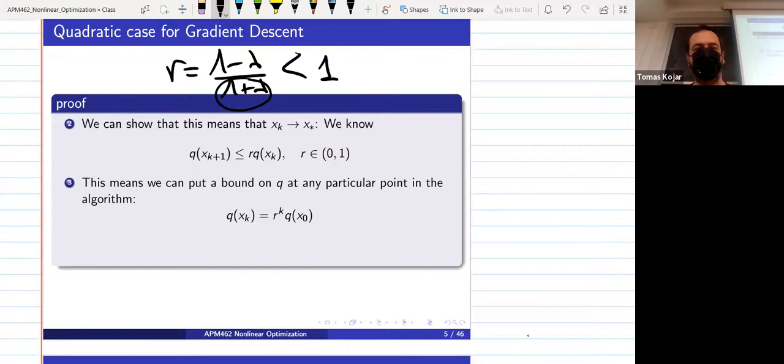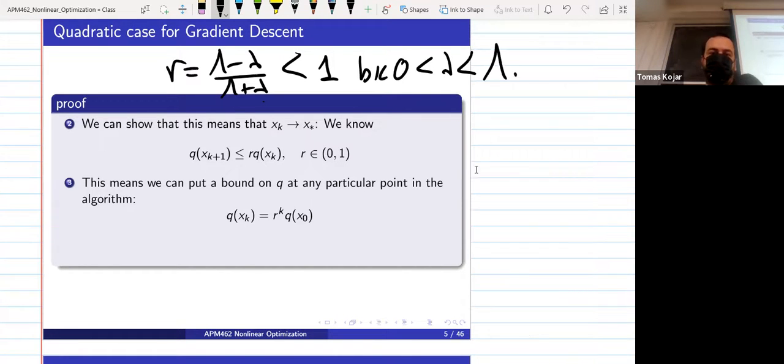Yeah, this guy is bigger than this, and they're both positive. So that's why you can divide. Yeah, so you do that, and this is your R. This is what's called rate, okay? And as you can see, as you take its power to the k, this guy will go to 0, right? Is that okay?